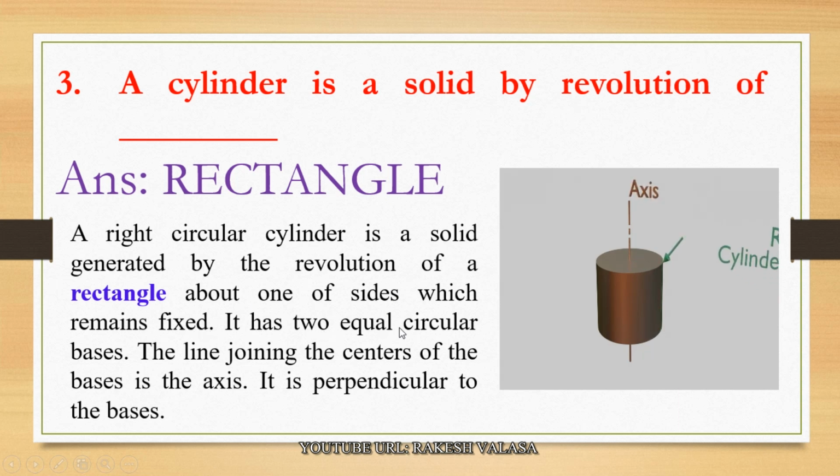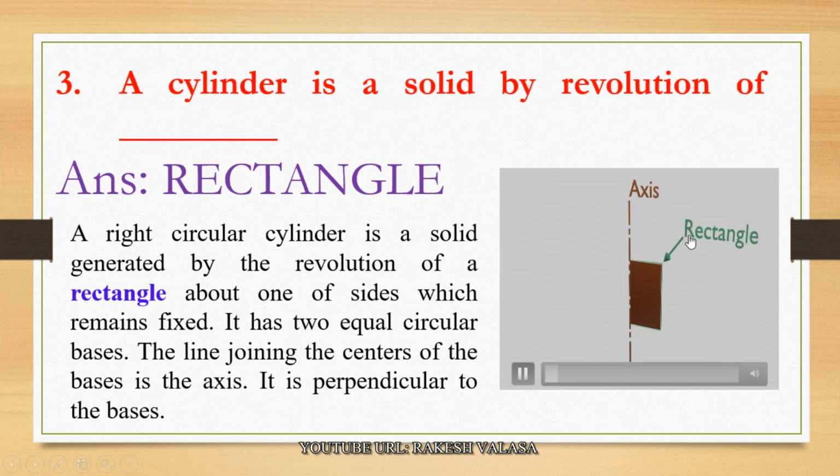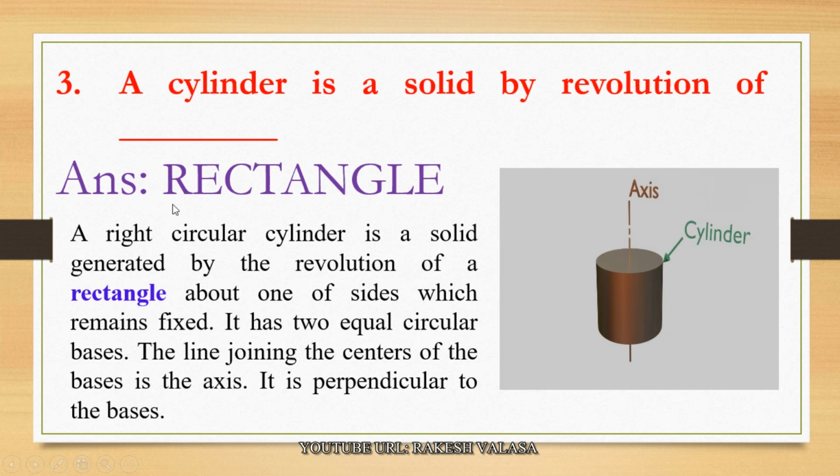It has two equal circular bases. The line joining the centers of the bases is called the axis. It is perpendicular to the bases. You can see the visualization in this animation video. Here one side of the rectangular plane is fixed. You can revolve it around this axis and you get a cylinder. So the answer is rectangle. A cylinder is a solid generated by revolution of a rectangle.